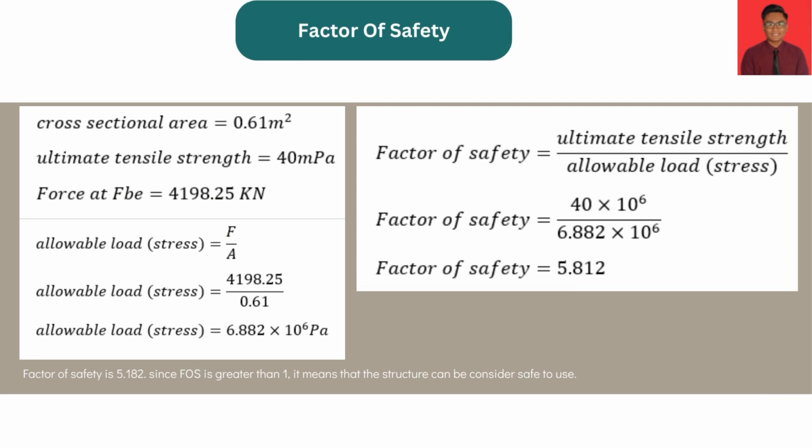For the factor of safety, we assume the cross-sectional area is 0.16 square meters and the ultimate strength is 40 MPa. For the force, we take the highest force, which is the force at BE, FBE, equal to 4198.25 kN.